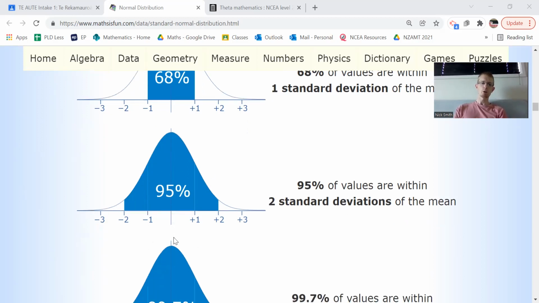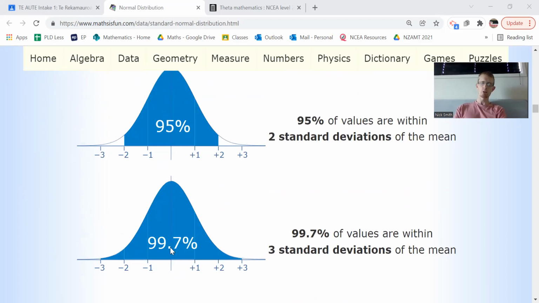Okay, and then if you go 3 standard deviations, you've nearly got every single possible value. You'll see it goes to 99.7% if you go that far. So the further and further away from the mean we get, the more and more people we find in our shaded area, and the less and less people that are left over outside of that area.